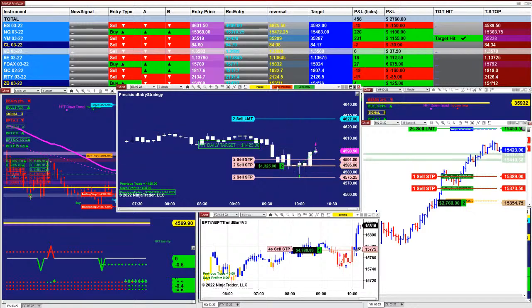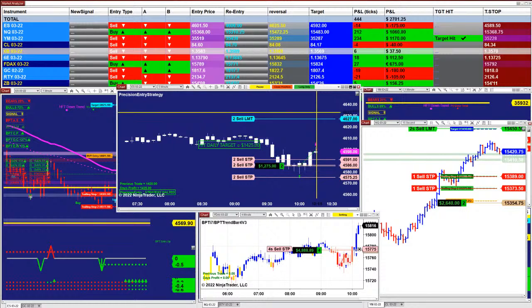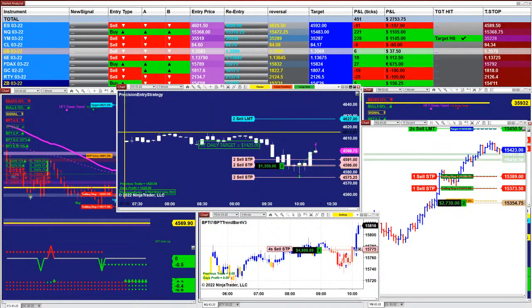Then what you do, you need to close the trade right there. You close the button in here, because the chances of it continuing all the way up here are very thin, and it is very high risk.